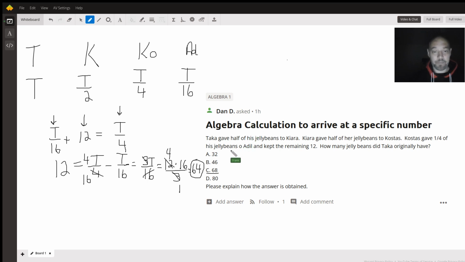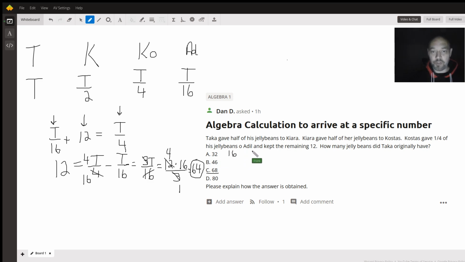It's an eye power. Anyway, I was just going to say that you can work with the answer choices and see which one works out. If Taka started out with 32, gave half to Kiara, that would be 16.